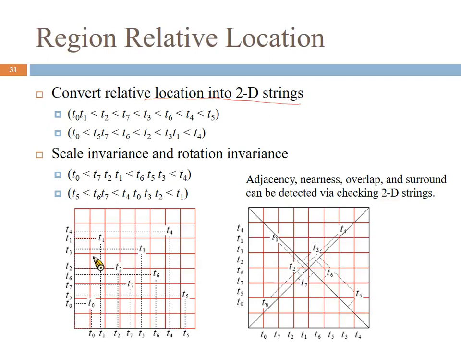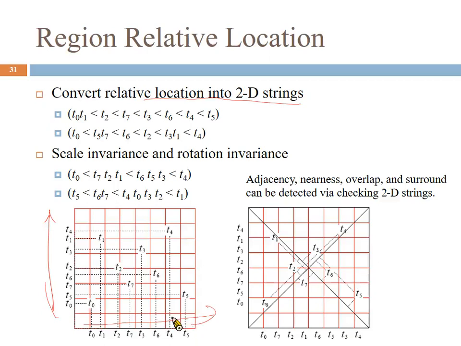And we can simply project the centroid to the horizontal axis as well as the vertical axis. And then taking the horizontal axis as the example, we can read this projected result from the left to the right. Then from left to right, we have region 0, then region 1, then region 2, then region 7, region 3, region 6, region 4, and region 5.